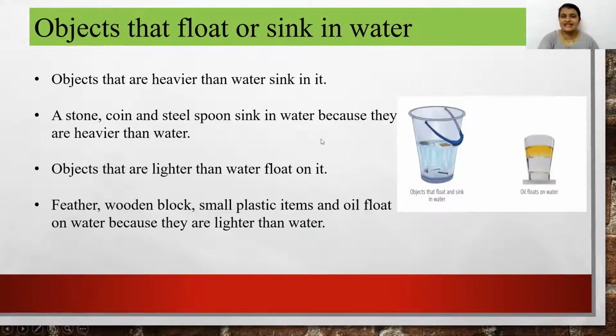While objects that are lighter than water are going to float on it. We have many examples for this: feather, wooden block, small plastic items, oil float on water. There is one example, as you can see over here. This is water, and I have added oil in this. So this is how oil is going to float, right? Because these things are lighter than water.